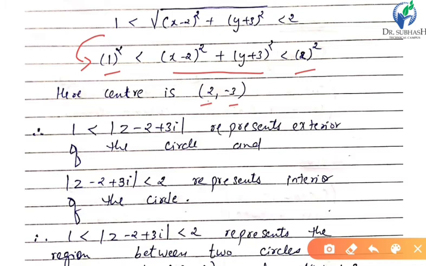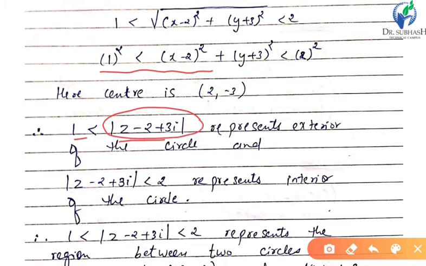So now let us modify this equation. First I am taking only the first portion: 1 < |z - 2 + 3i|. This represents the exterior of a circle, meaning a circle with radius greater than 1.